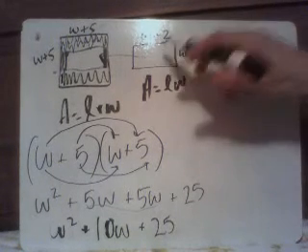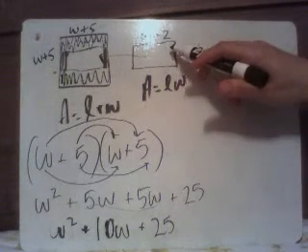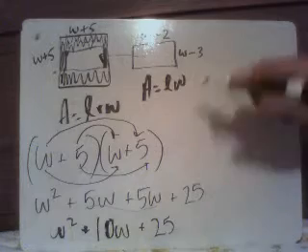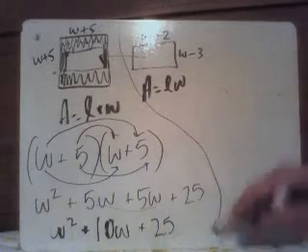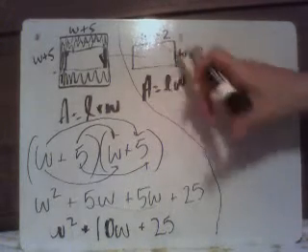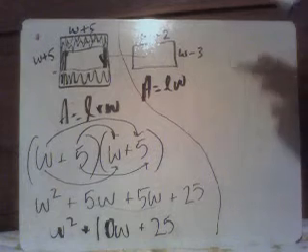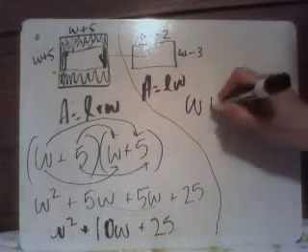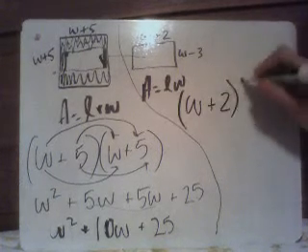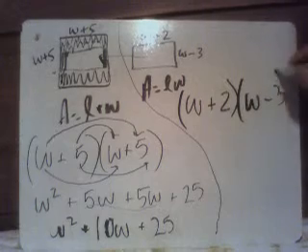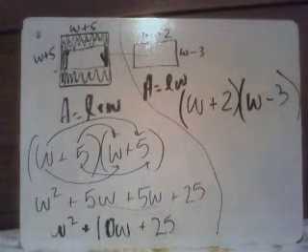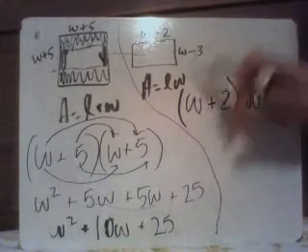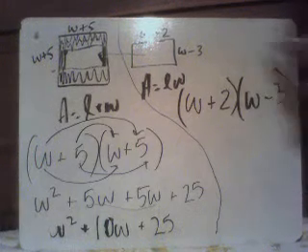Now, I need to find the area of the rectangle because I'm going to subtract it from the area of the square. So I'm going to now do the rectangle over here. Length times width, so w plus 2 times w minus 3. Same thing, you're going to FOIL it out. Multiply the first two terms, the outside, the inside, and the last.